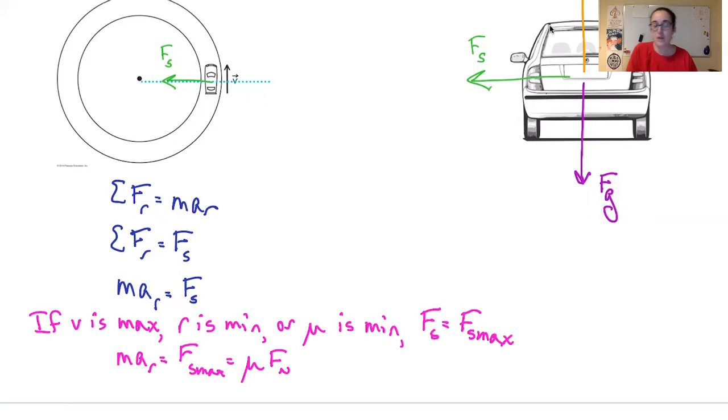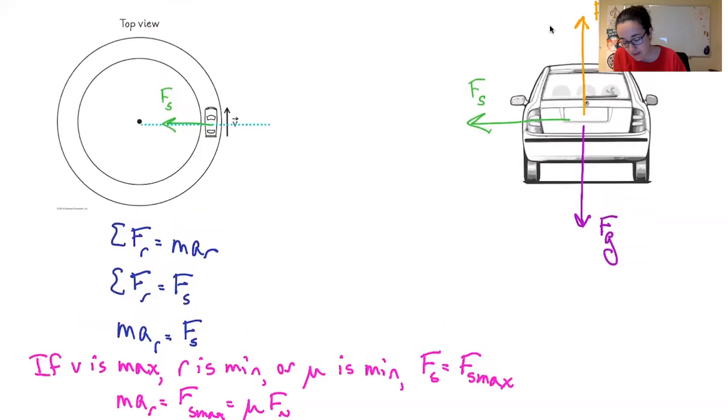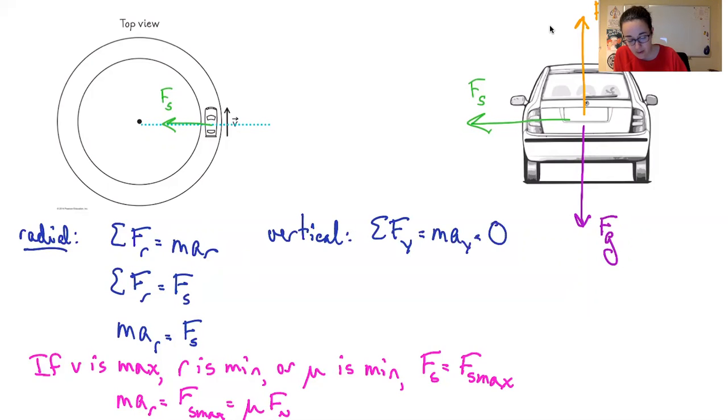So of course, for a car on a flat surface, to figure out the normal force, we can look at what's happening on the vertical axis. So this is what's radial, vertical. It's not accelerating.